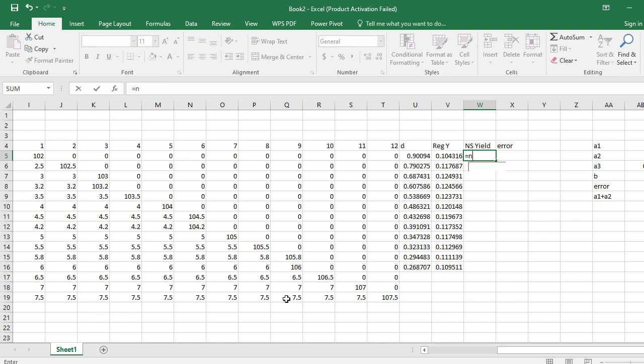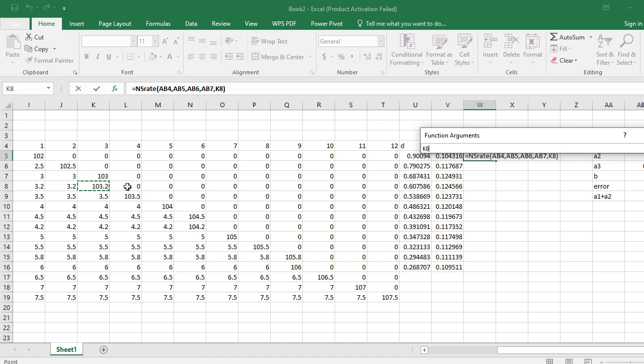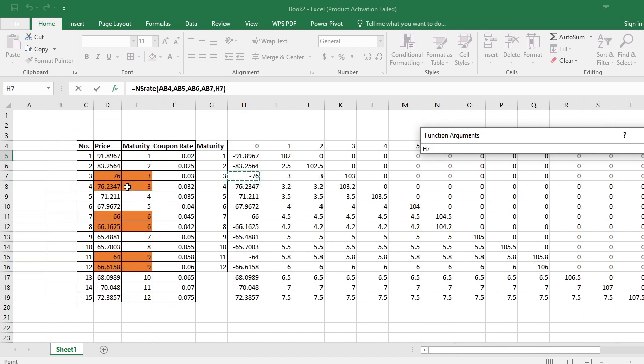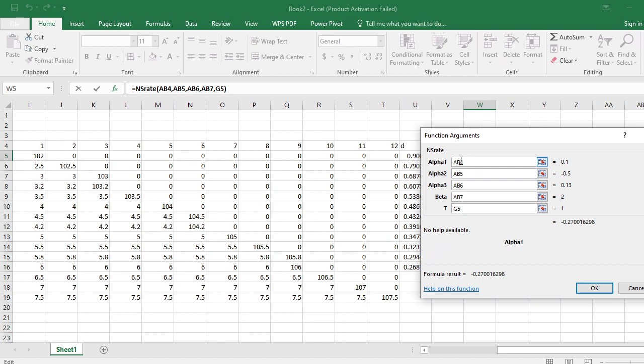So NS weight, this, then this, then this, then this. Then there will be another factor, time, right? So time is 1. And I would also like to log these numbers.